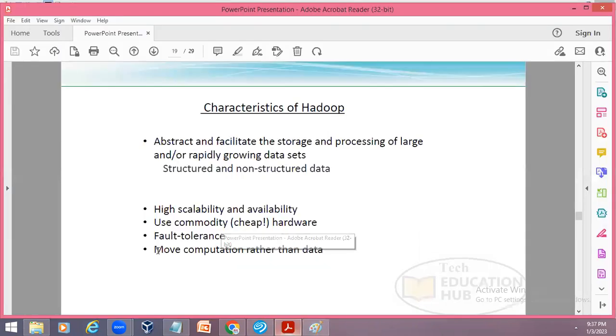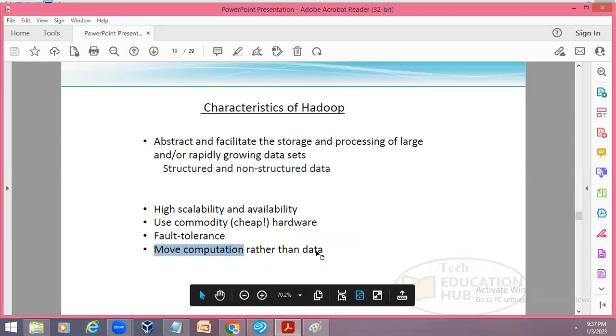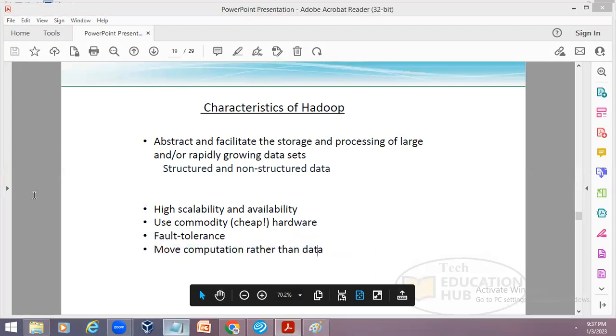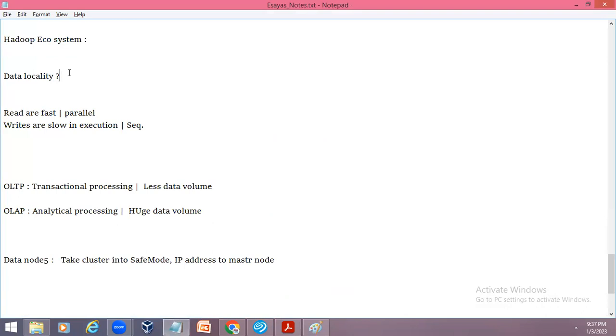Okay. Now, move computation rather than data. That concept is called data locality, and it's a really important characteristic of Hadoop. What we say here is move computation, or let's say process, instead of data.